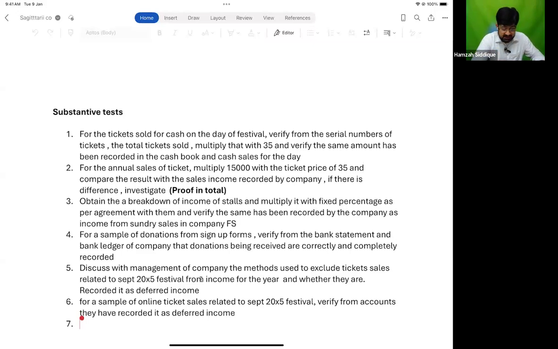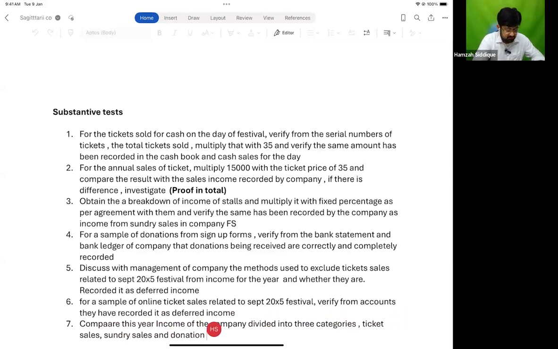So we can write here a procedure: compare this year's income of the company, divided into three categories, ticket sales, sundry sales, and donations, with the last year.